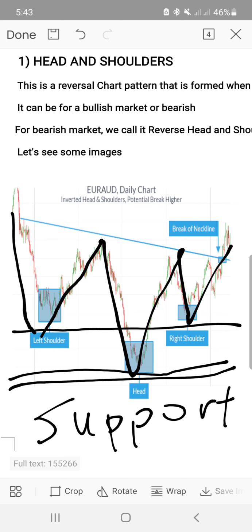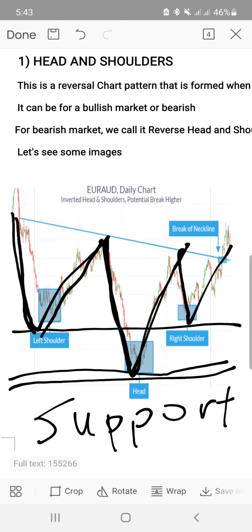Now head and shoulder is formed when price is going down in the bearish market, it reached this support, it couldn't break it, it went back up, right? It came back again and broke through that support and met another, stronger support, and couldn't break it.